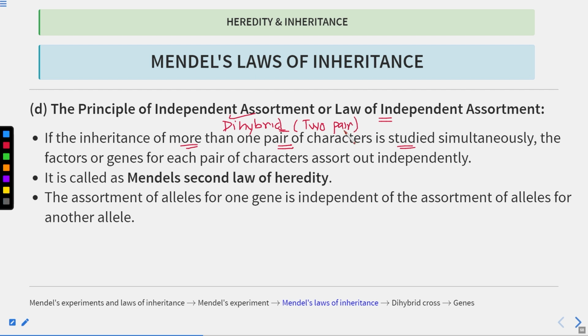Clear? Like you can take yellow seeds which are round, or green seeds which are wrinkled. So there are two pairs of characters. One pair can be the color of the flower, and the second can be the shape of the seed.